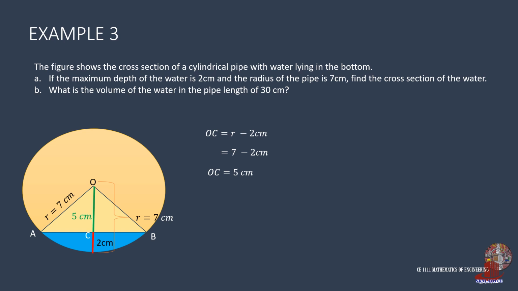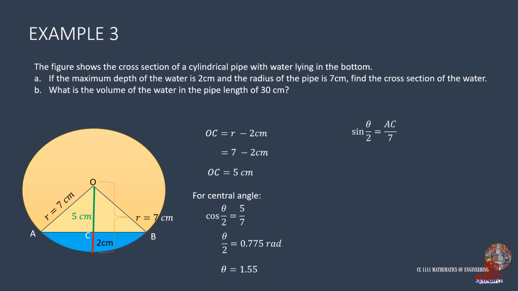With one leg of the triangle already identified, use trigonometric functions to solve for the central angle, that is cosine of half of theta as 5 all over 7. Half of theta is then computed as 0.775 radians. So theta is 1.55 radians.